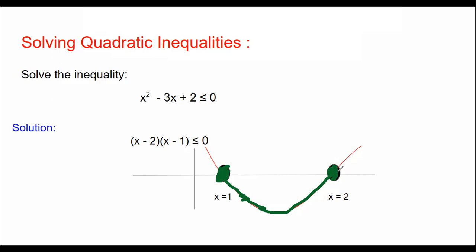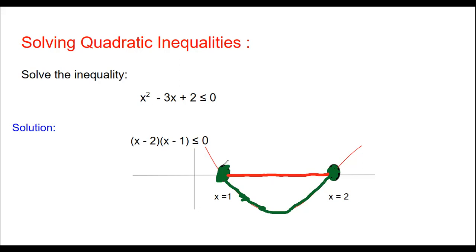And what corresponds to these values is this red line, which are all the x values that correspond to the green values. So this nice red line corresponds to all these green values which are included.